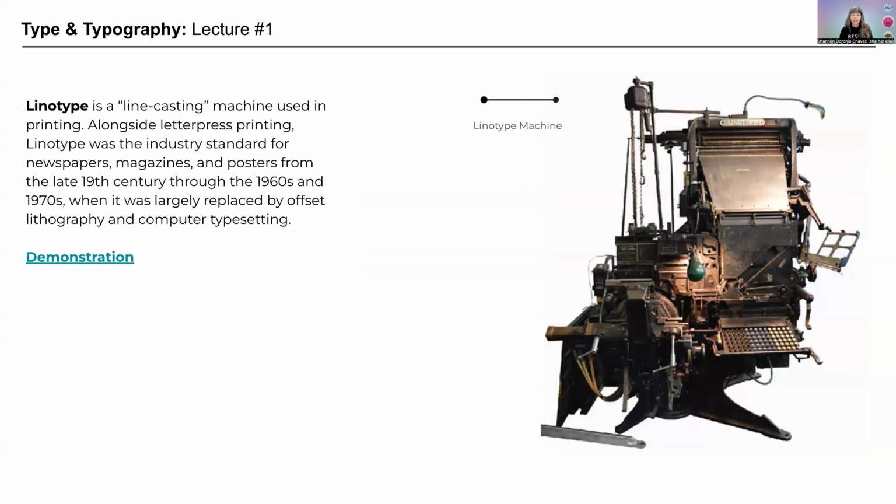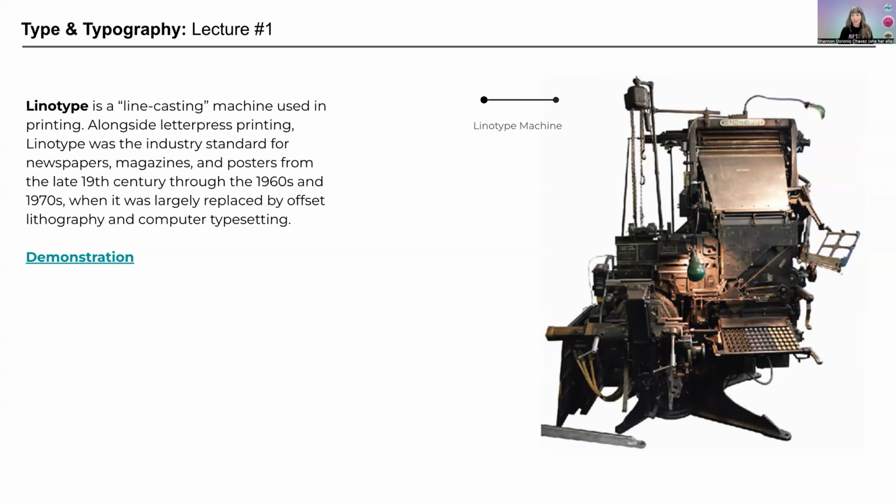Linotype was developed after the Gutenberg press and metal type in the industrial era. So the linotype machine is a line casting machine used in printing alongside letterpress printing. So linotype was used as the industry standard for magazines, posters from the late 19th century, right, industrial era, all the way to the 60s and 70s, when it was largely replaced by offset lithography, which is a photographic process, and computer typesetting.